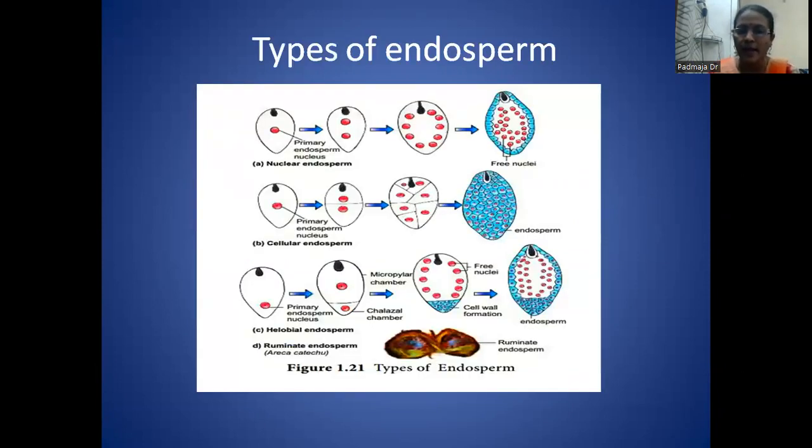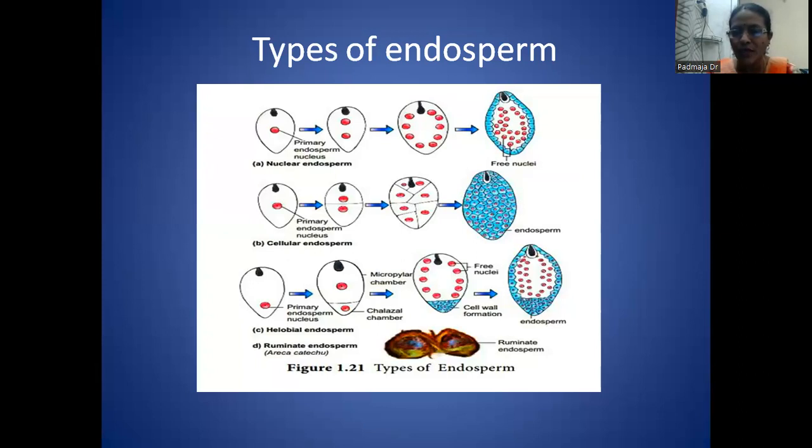And this is the diagrammatic representation of the types of endosperm. We already studied that there are different types of endosperms: first the nuclear, second cellular, and helobial and ruminate endosperm. In the first diagram, the black dot shows the embryo, and the middle one is the primary endosperm nucleus, the end product after triple fusion.